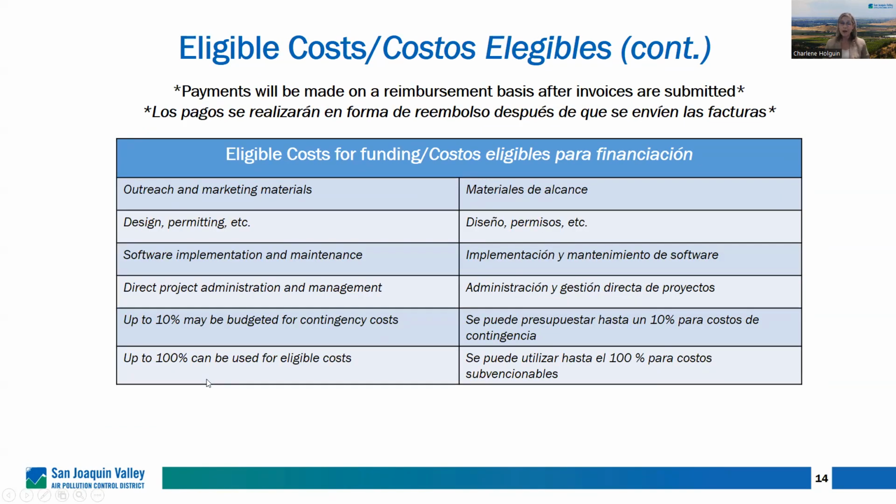We also cover outreach and marketing materials, design and permitting, software implementation and maintenance, direct project administration and management. We do have a 15% for the project administration. We also allow up to a 10% for contingency costs that weren't budgeted. And of course, 100% of the eligible costs will be covered.